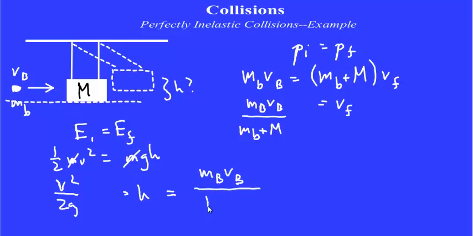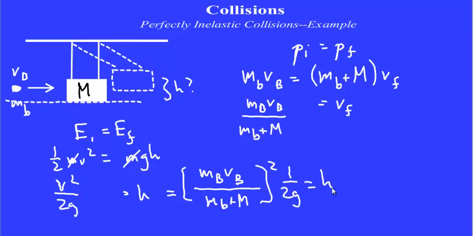So we might write it this way: that would be the final velocity, squared, times 1 over 2g. So that will be the height. If we knew the height, and we knew the mass of the block and the mass of the bullet, then we could solve backwards and get the velocity of the block. Excuse me, the velocity of the bullet. So there you go, perfectly inelastic collisions in action.